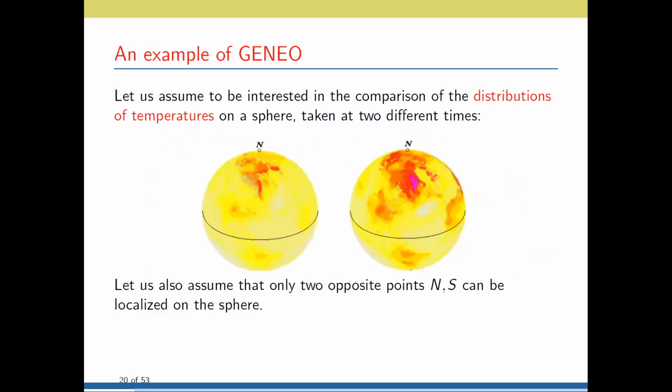Now, I want to give you an example of GENEO. Please consider that we are interested in the distribution of temperatures over the Earth. In order to model the Earth, we have S2, and we have a map taking each point of the Earth of S2 to a temperature.